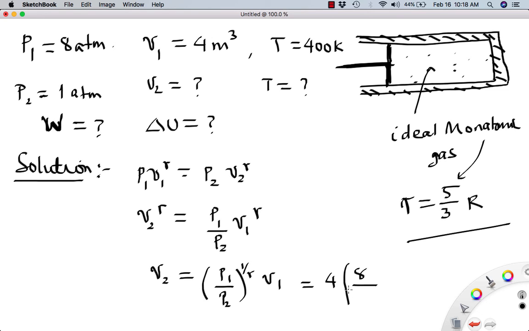So P2 is 1, and then 1 over gamma is 1 over 5/3, which is 3/5. So that will give us V2 equal to 13.9 cubic meter.